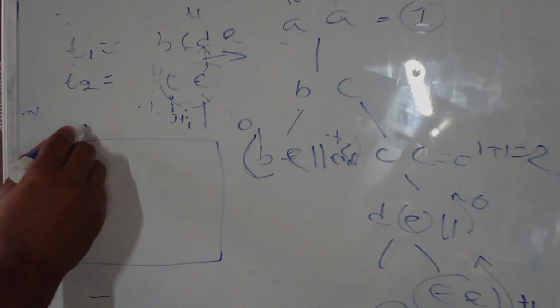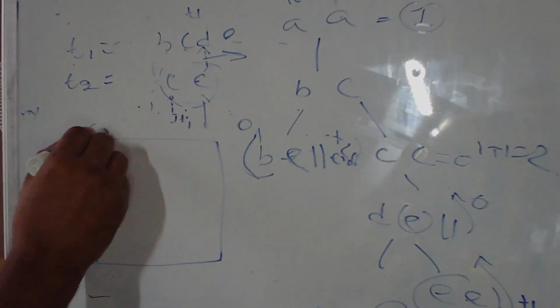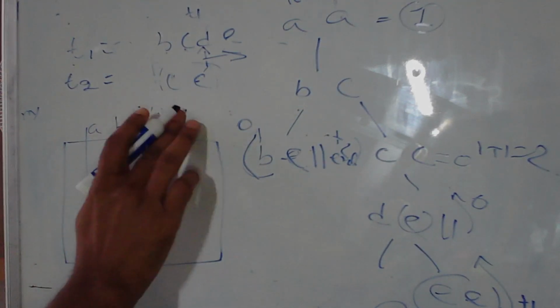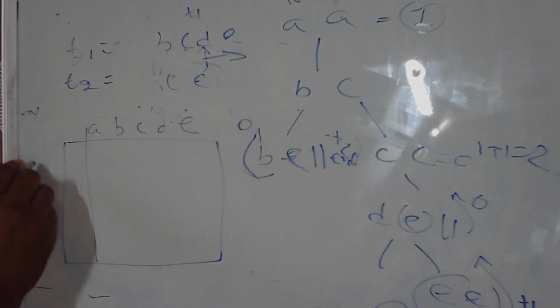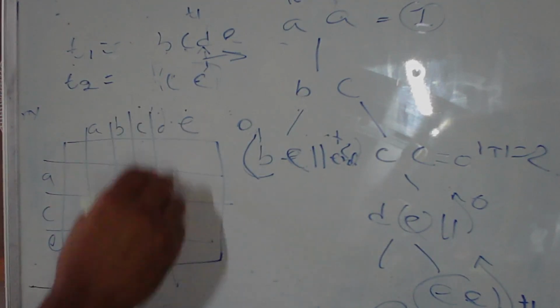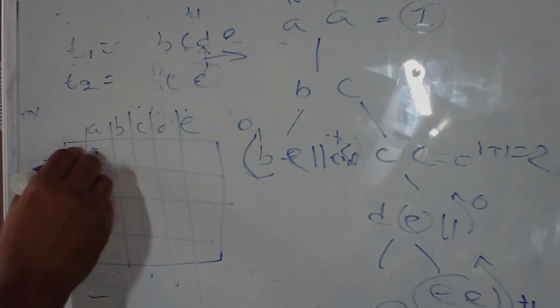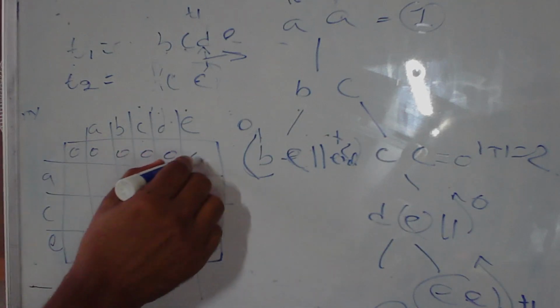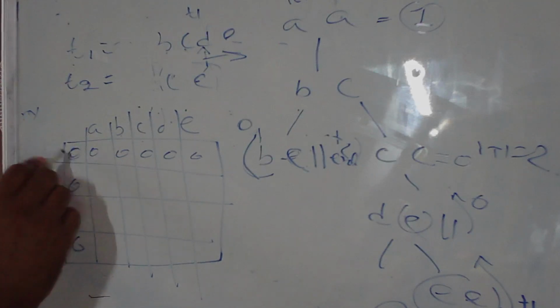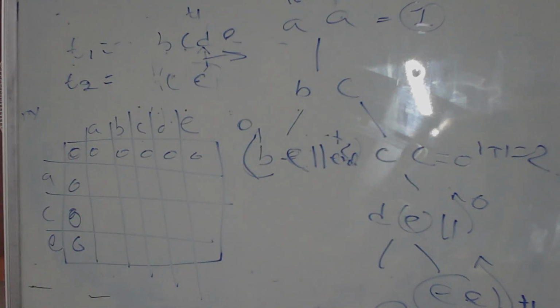So we're going to write A, B, C, D, E, and here we're going to have A, C, and E. We're going to start with 0 because we're comparing nothing with nothing. So the longest substring length will be 0 initially.